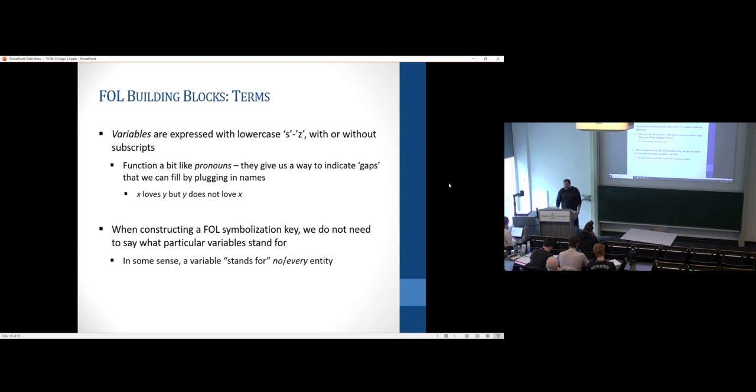So variables give us a way to indicate, if this says A is an H, this tells us x is an H, where x is going to be filled in a moment.